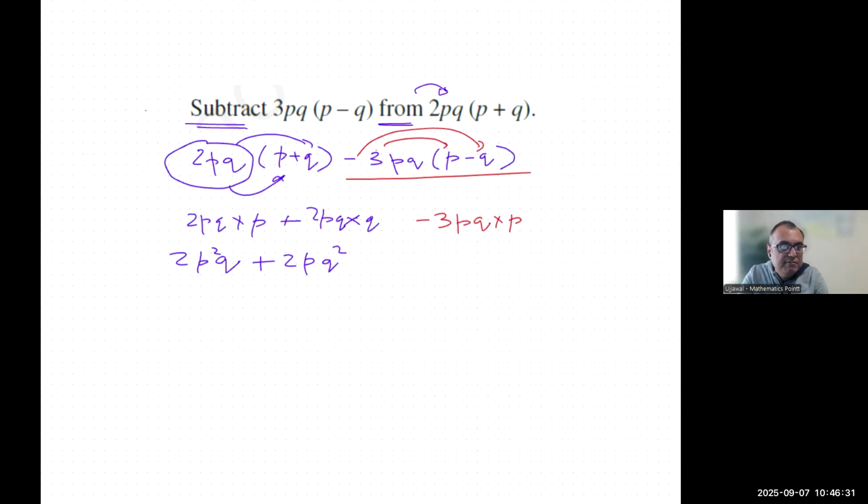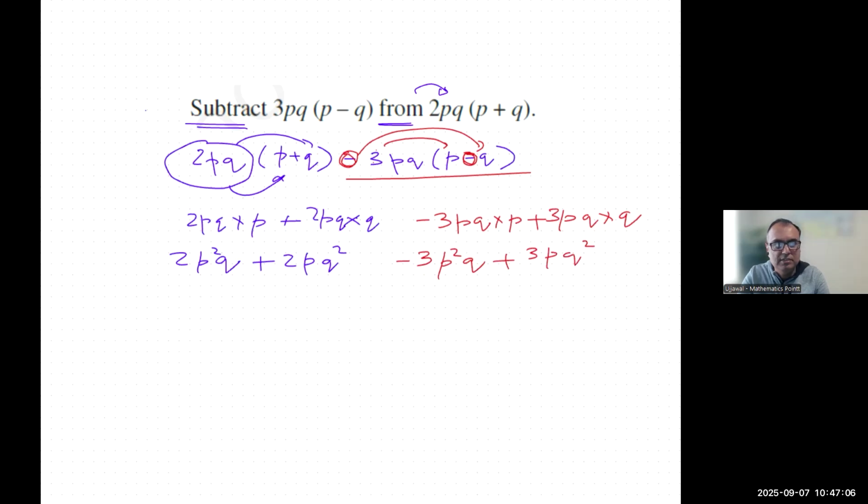So this negative negative makes it a positive, and it becomes 3pq times q. The trick here is that this negative and this negative is making it a positive. Now, what does this become? Negative 3p square q plus 3pq square. And now it's easy, right?